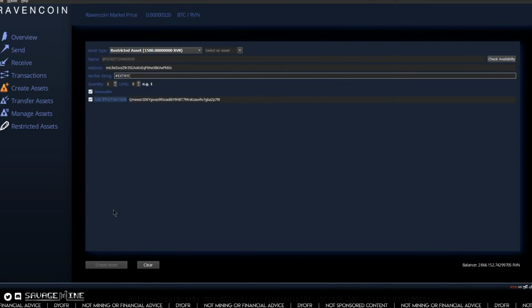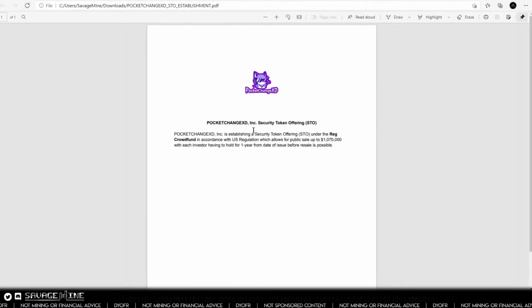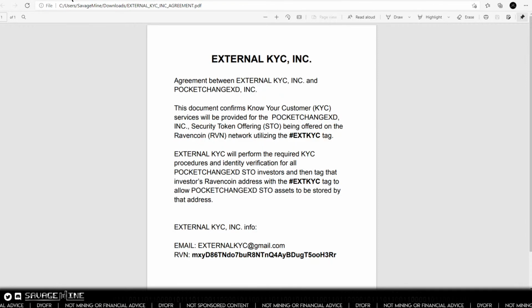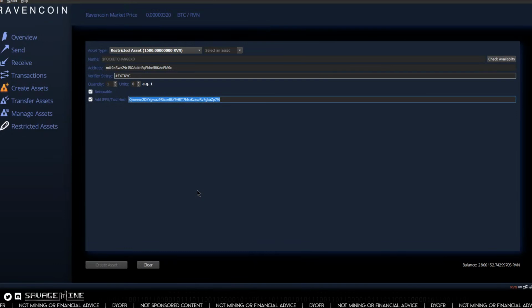I think, let me see if I have a document for this too. Yeah, the establishment. So I've got the PocketChangeXD STO establishment document. This is a PDF also that we're going to put in IPFS. I think that this is going to be right. That's not what I want.